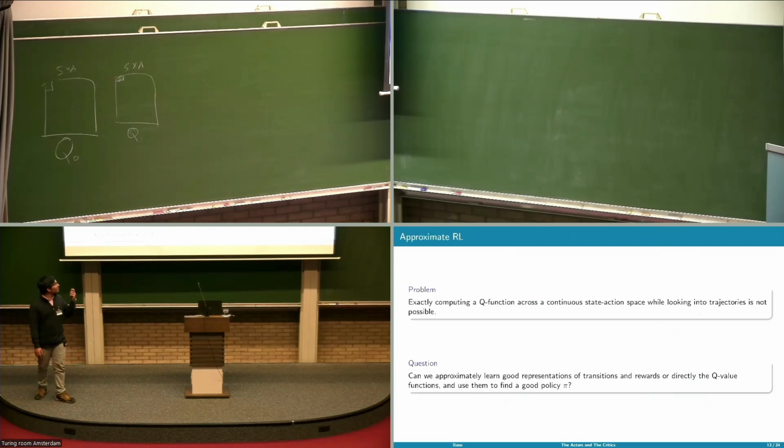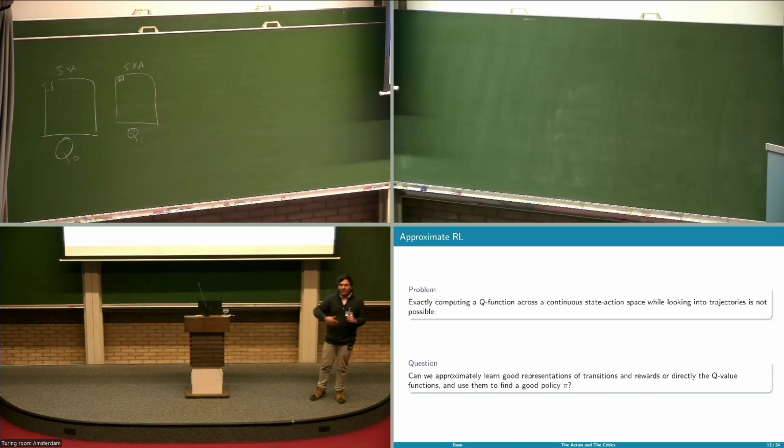Okay. So then the question is, exactly computing a Q function across continuous state action space, while looking into just trajectories coming out of the environment, is impossible, right? It's not possible to exactly compute that because it is an expectation of the sum of returns until the infinite horizon.